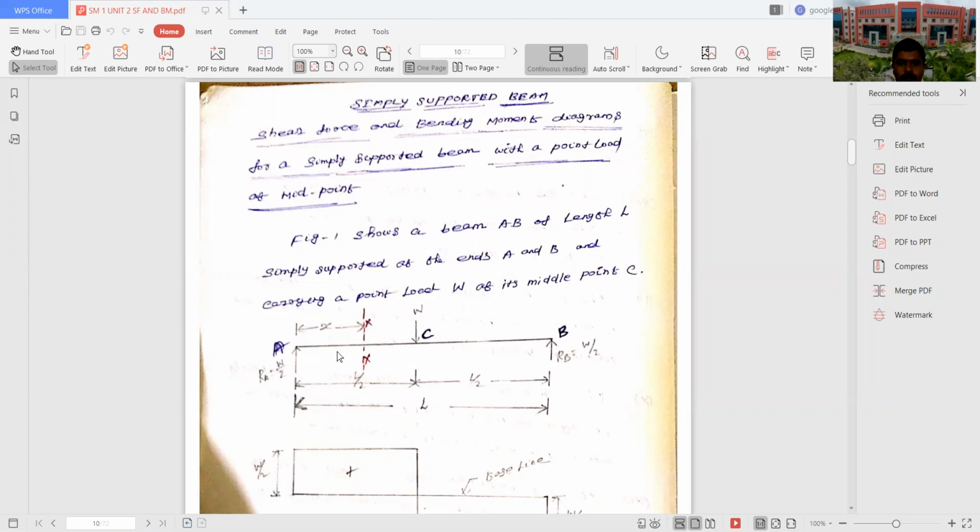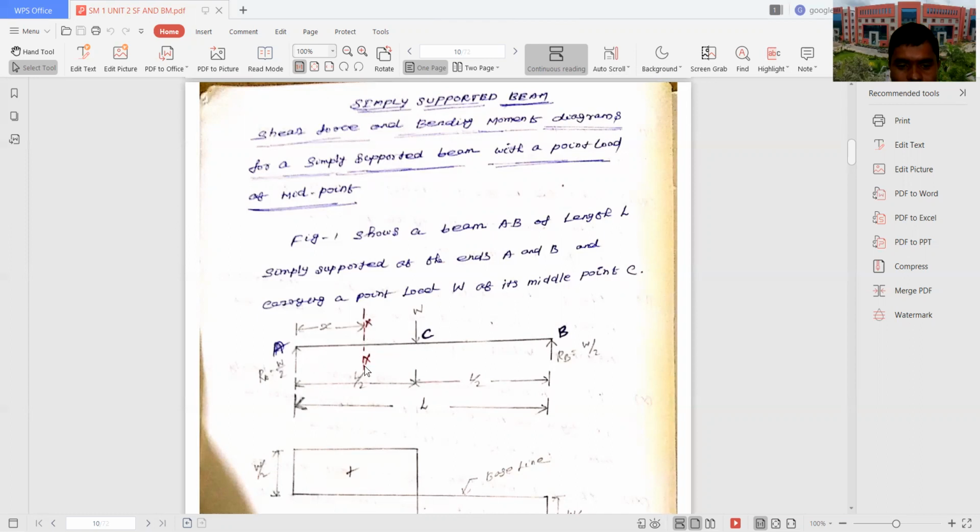So how can you identify the shear force value? The definition of shear force is the algebraic sum of all the forces acting on either the left side or right side of the section. If you take the section on the beam and consider the left or right side, you add all the forces and you will get the shear force value.